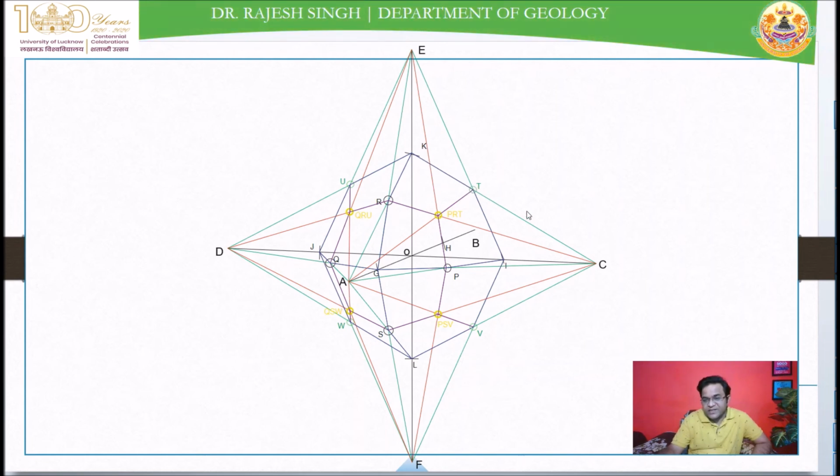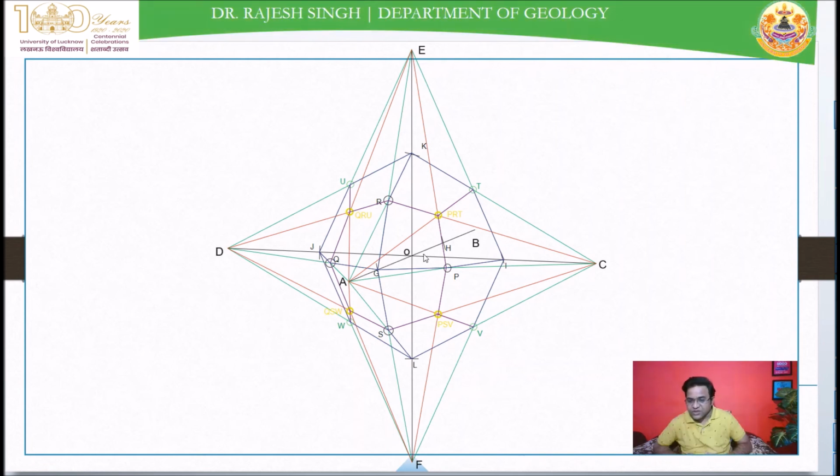Similarly, this KT is parallel to KC. It is also intercepting the A2 positive end at twice the distance. So the Miller indices will be what? 1, 1, 2. Looks like just the opposite of this face. Here it is 2, 1, 1. Here it is 1, 1, 2.